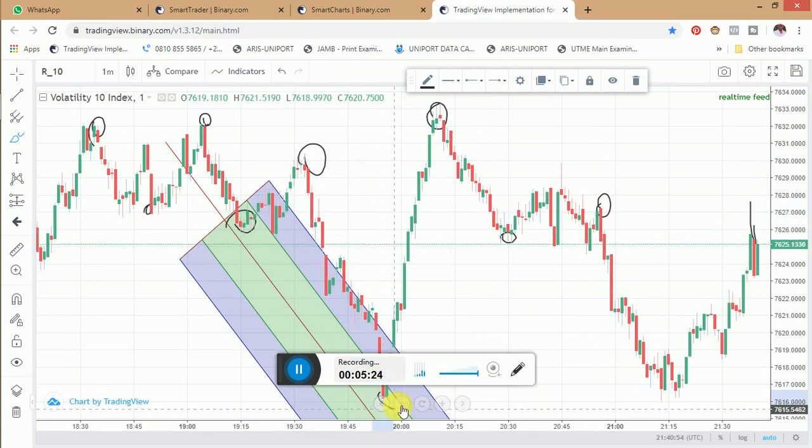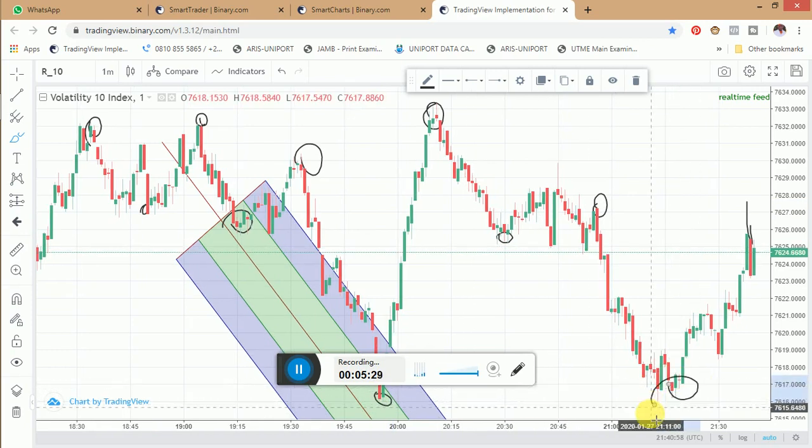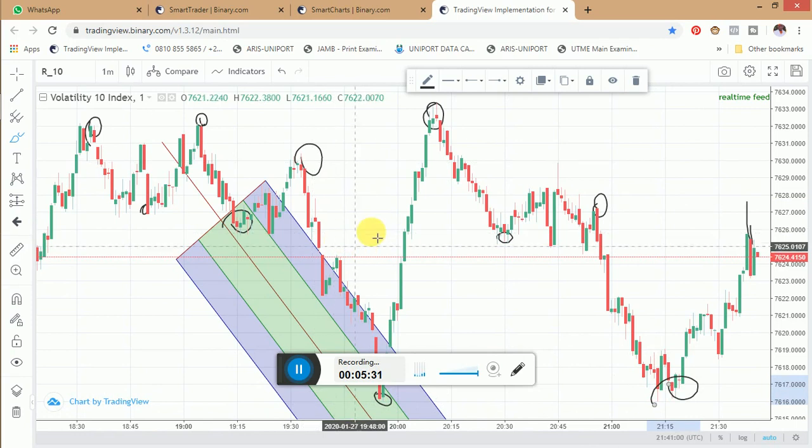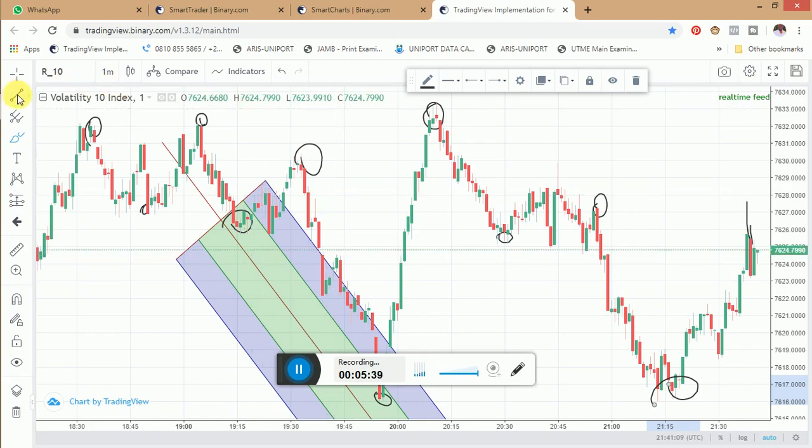Here it rose too, then here it started rising. Now you might want to connect all these points together and then understand when next to place a very good trade. That's when you need all these tools here.